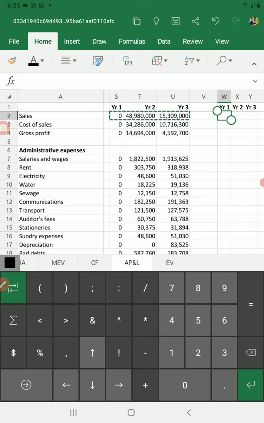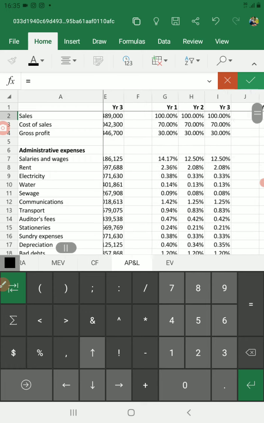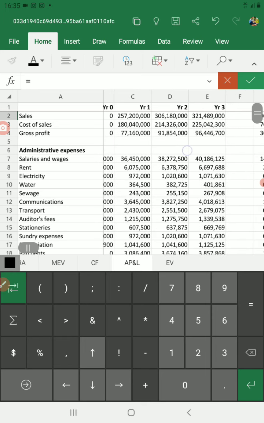So I start with equal sign, go to, this one is going to be the same, so we can start with year 2 here, year 2, okay, divide by year 1, and then minus 1.